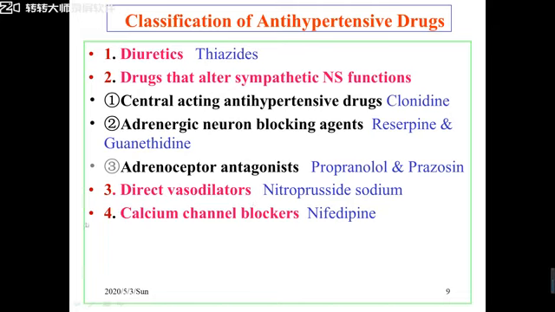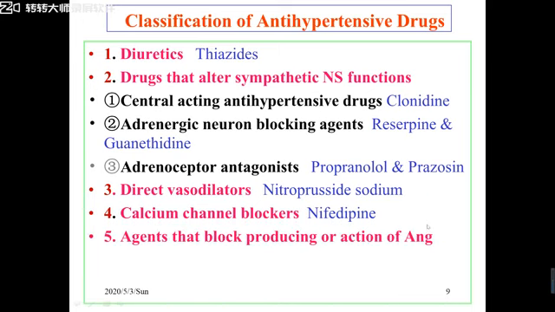And then the fourth kind of antihypertensive drugs are CCB, calcium channel blockers. We have studied that calcium channel blockers are divided into three generations: first, second, and third generation, nifedipine, nimodipine, and amlodipine. In this class, we will study how to use them to treat hypertension.